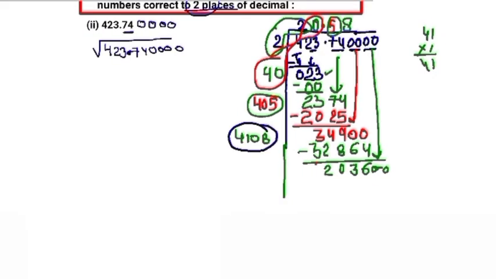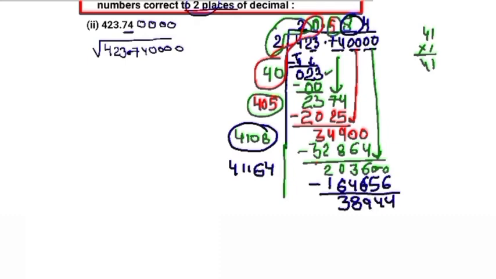Now add this 4108 by 8, you will get 4116. Take 4 and multiply it by 4. You will get 1,64,656. Subtract it. We are getting 38,944. Now we have calculated the square root till the 3 places of decimal.